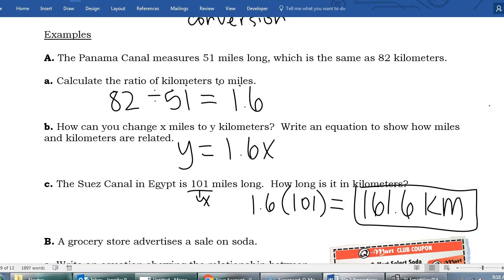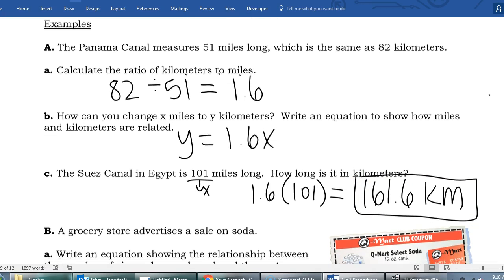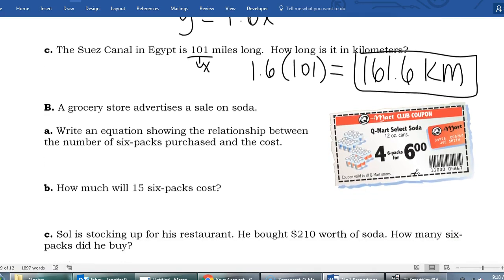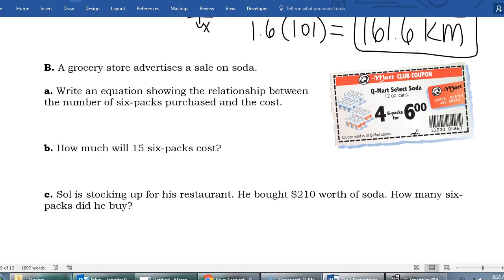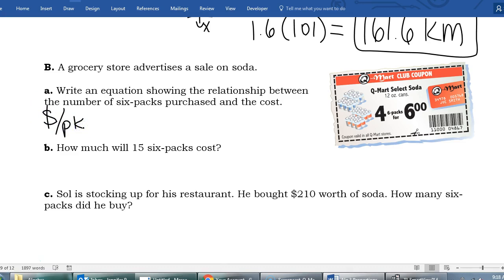Let's try one more. I'm going to scroll down, and looking at example B, it says, a grocery store advertises a sale on soda. Write an equation showing the relationship between the number of 6-packs purchased and the cost. So here, I'm going to do price per pack. That's going to be my conversion factor. So that's 6 divided by 4, which is 1.5.